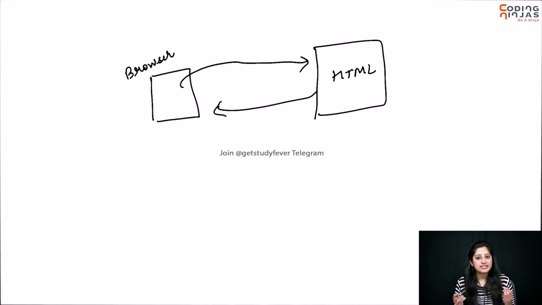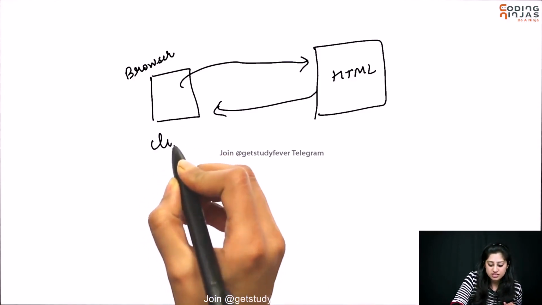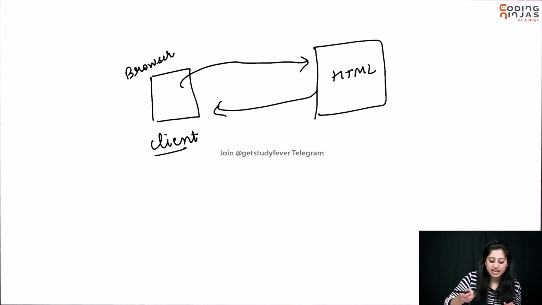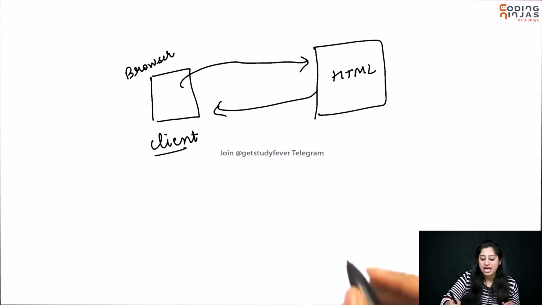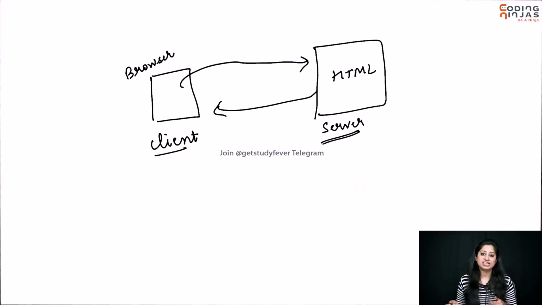Now the two entities in client-server architecture are client and server. The client is the entity that requests the resource. In this case, the browser is the client because it is requesting the resource, and the server is the entity which has the resource and which can actually give me the desired content. So in this case, the machine which has the HTML code for the first website is the server because it is granting me the resource, and the client is the one requesting the resource.